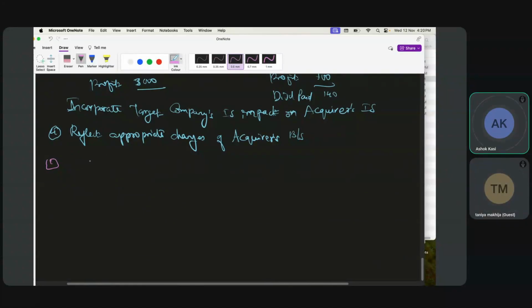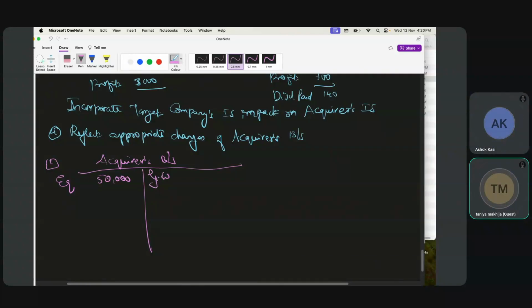So the acquirer's balance sheet: equity 50,000, goodwill 10,000, PPE 20,000, cash 20,000. They haven't given how much share we have taken, the amount is not given.